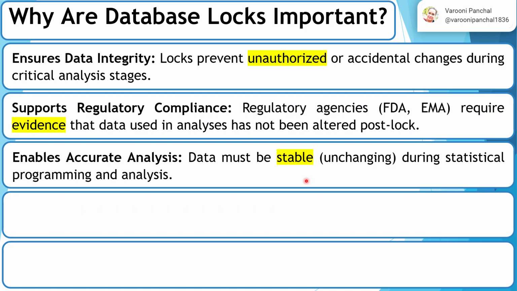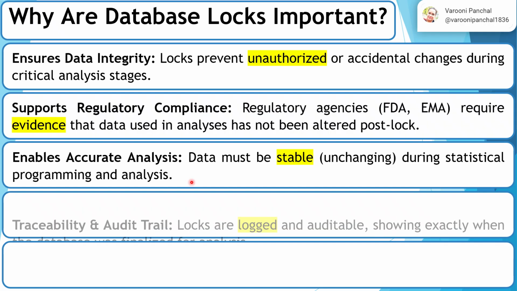So the database needs to be stable. That can happen when all the subjects have entered the database and completed the study, and once the hard lock has happened, the statistical analysis and programming can be done smoothly.